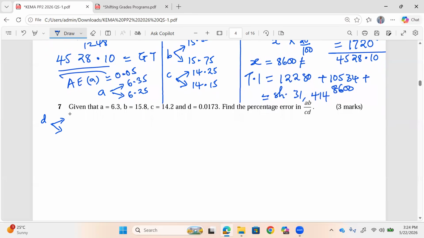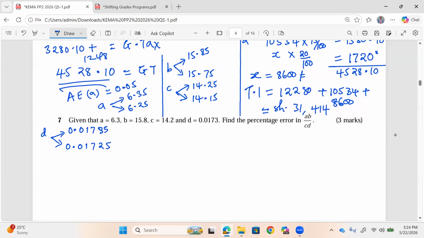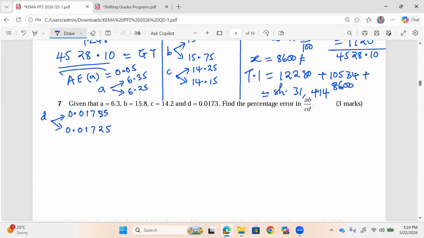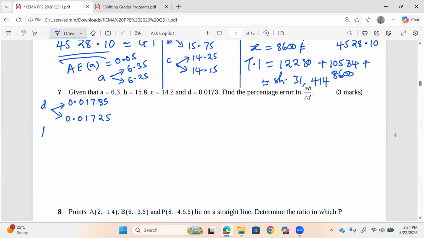And therefore, the upper limit shall be 0.01735 when you add, and 0.01725 when you subtract the same error. Therefore, we now have the limits within which all the variables have been recorded. To find percentage error, this is a division, so we can find the working quotient, then the minimum quotient, then the maximum quotient. What is the working quotient, or rather actual?